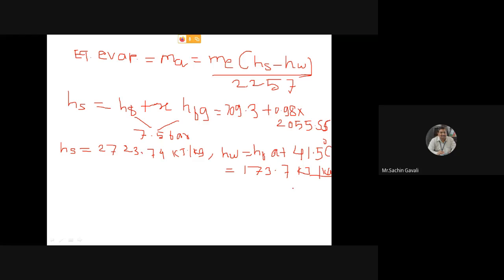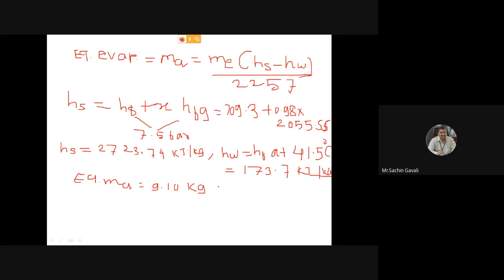Okay. Then ME we know. And then equivalent evaporation is coming as 9.10, anybody already calculated, na? What will be the unit of evaporative capacity?